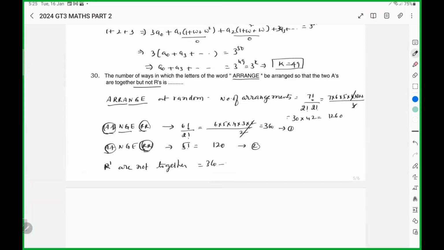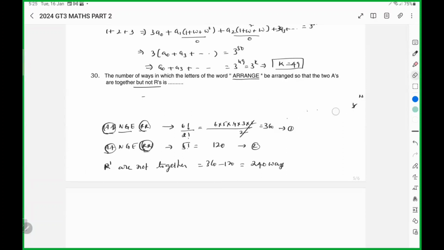Which is 360 minus 120. 240 ways are possible. Two A's must be together and two R's must not be together. First, A's are together, R's any possibility. And A's together and R's also together at one place. If R's are not together, means first minus second, which we get as 240 ways.